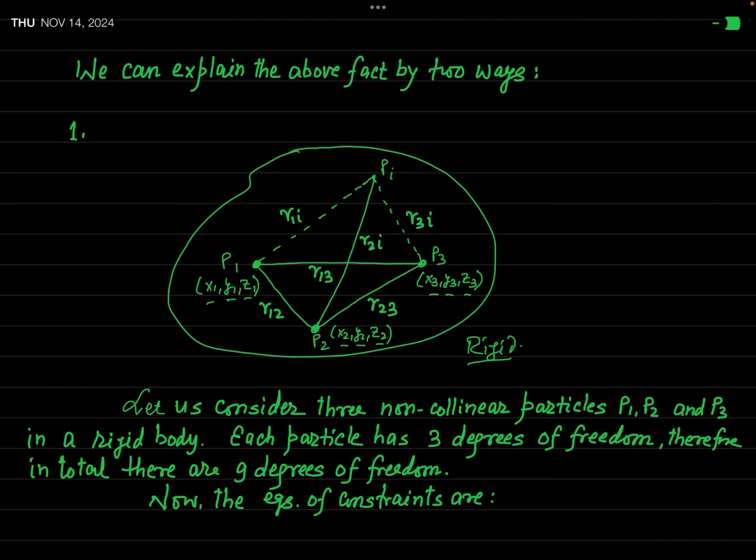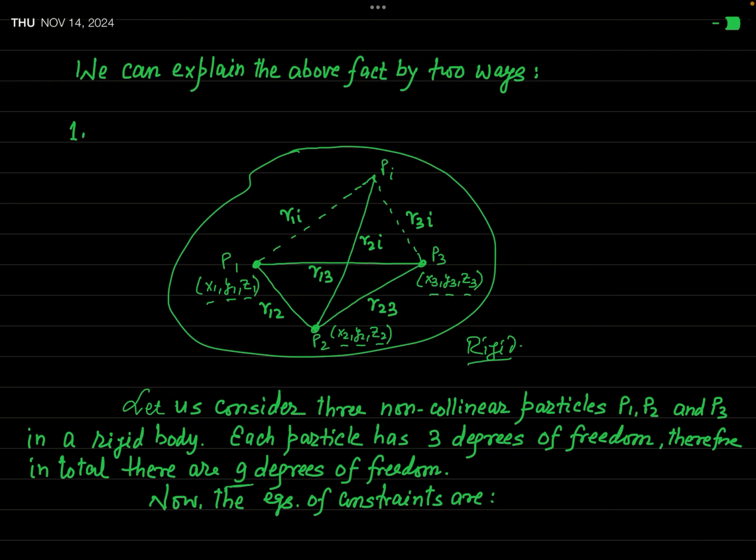That will be simply 3 plus 3 plus 3, that is 9. So if no constraint is imposed on this system, the total number of degrees of freedom will be 9.